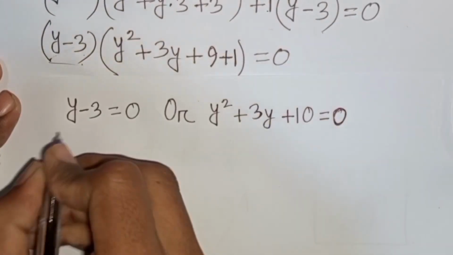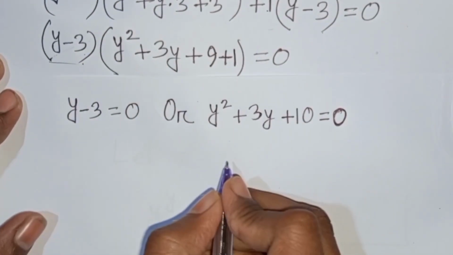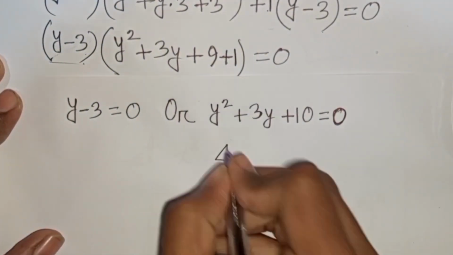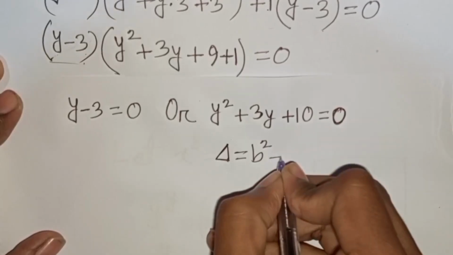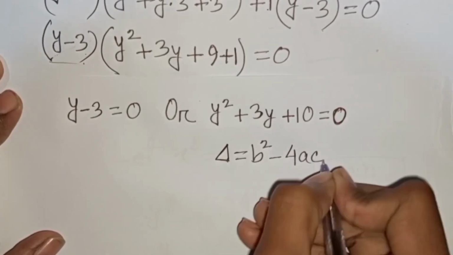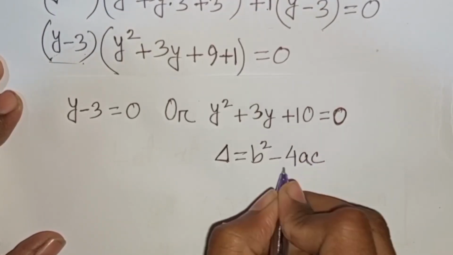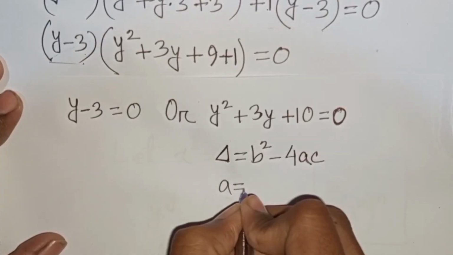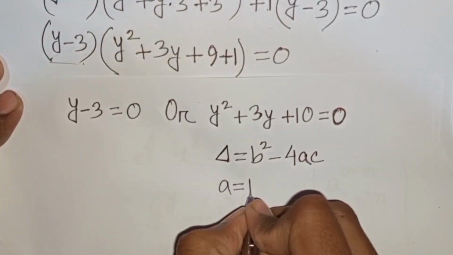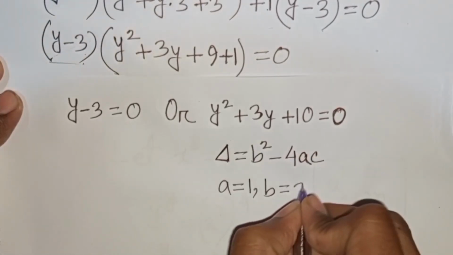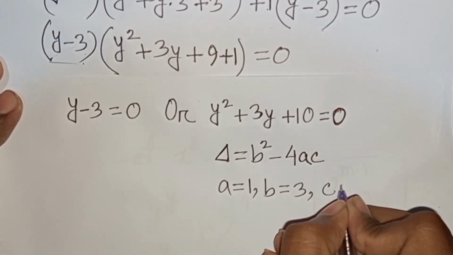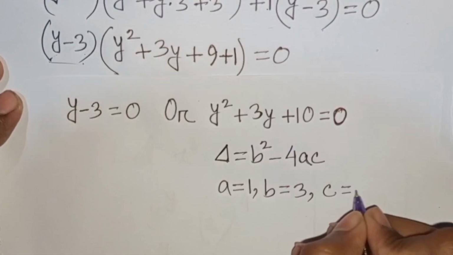Now here you can apply the discriminant formula, so you can write delta is equal to b^2 minus 4ac. Here a will be equal to 1, b will be equal to 3, after that c will be equal to 10.